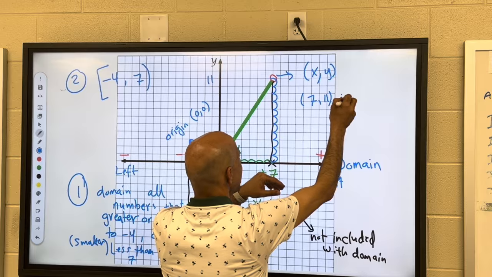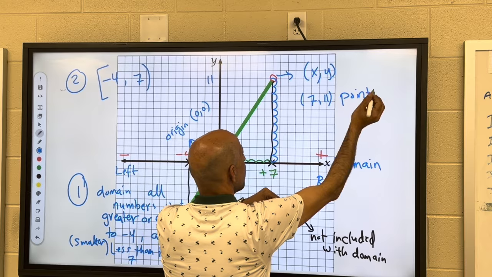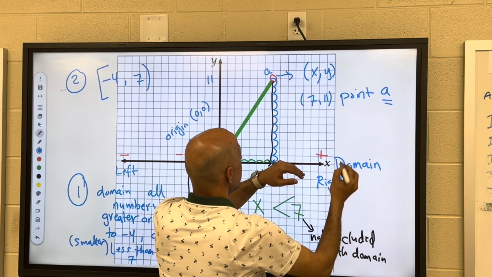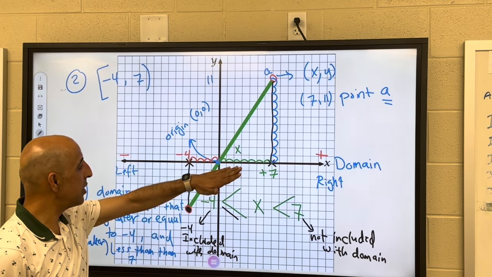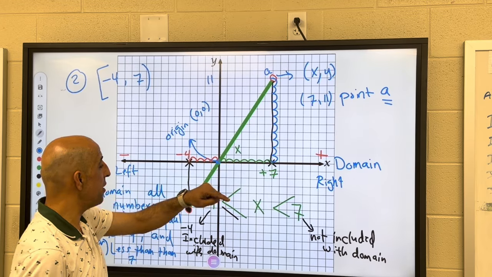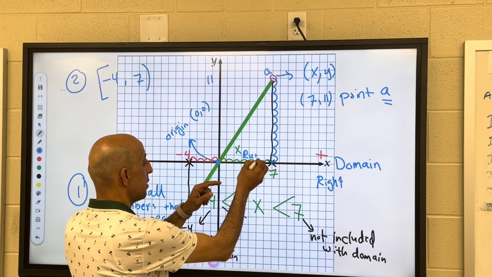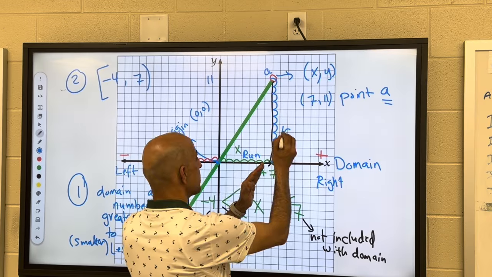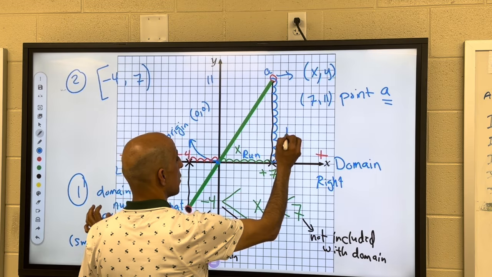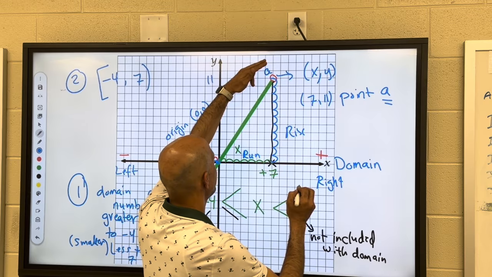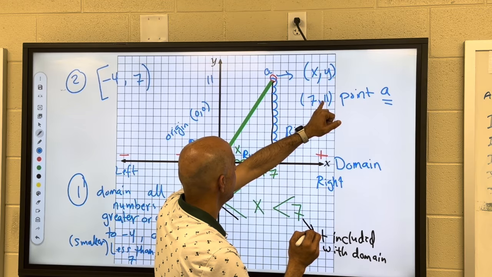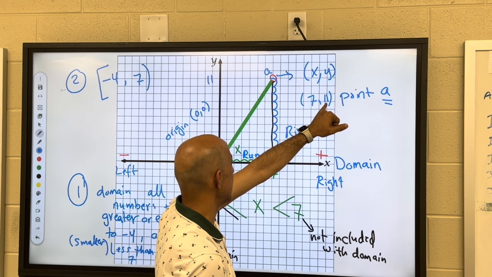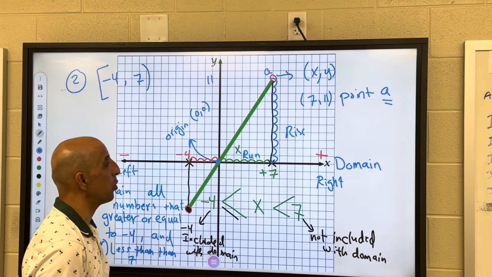Here we call it a point, for example point A. The meaning of point A is run 7 units to the right and rise 11 units. That's exactly the meaning of point A.